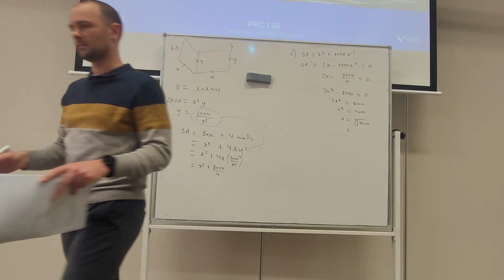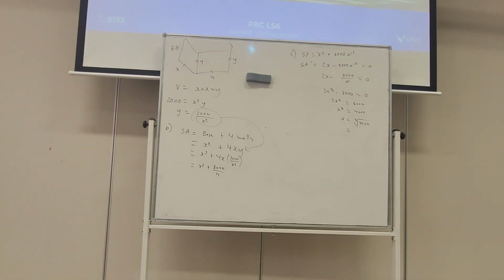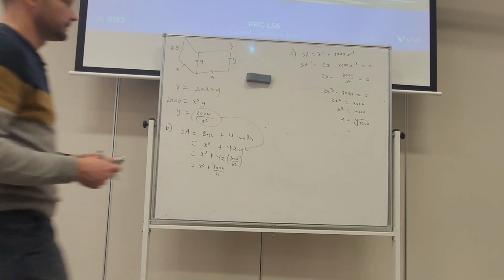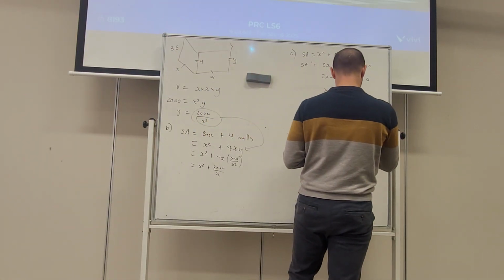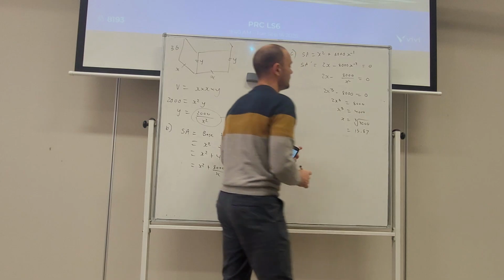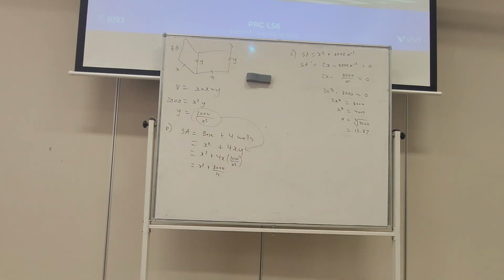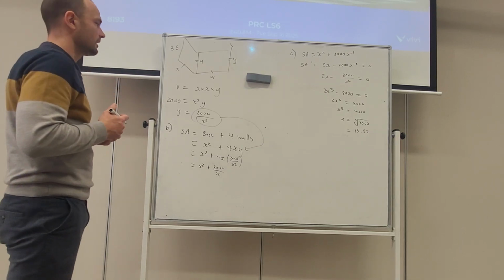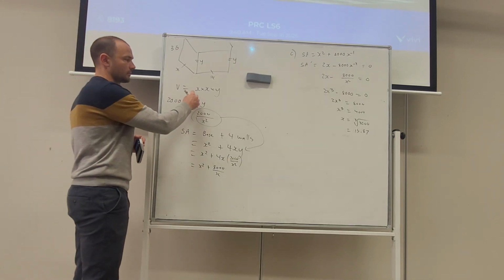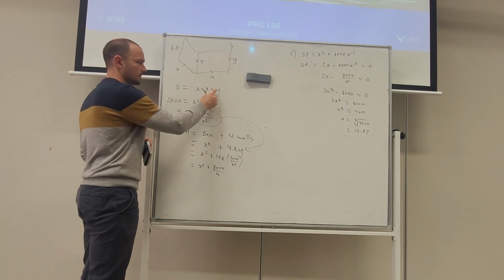Cube root 4000, just under 15, I reckon. Over 15, 15.87. So that's the value of x. It says find the dimensions of the box which minimize its surface area. If we want dimensions, we want to express it as x times y.